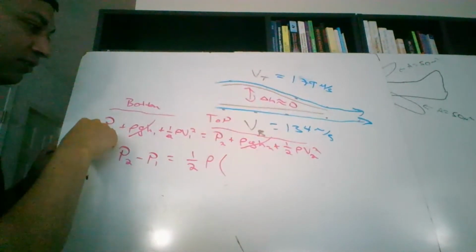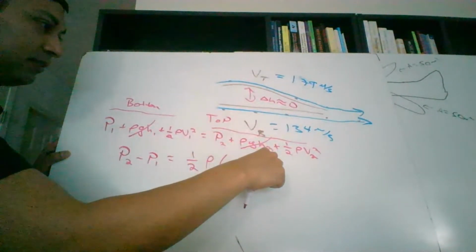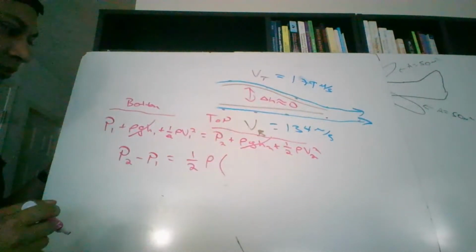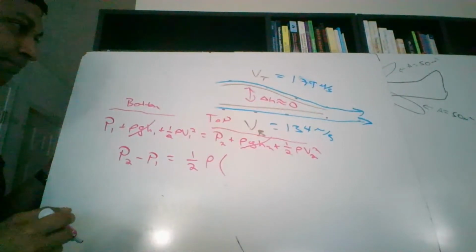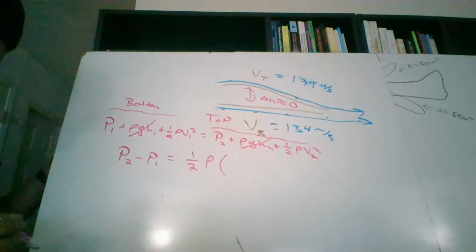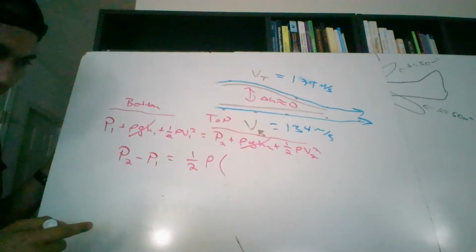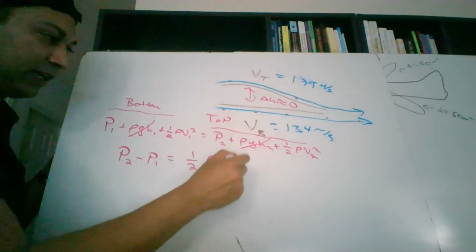Did I do that right? So we bring this to that side, and P2 minus P1 should equal 1/2 rho, the velocity.